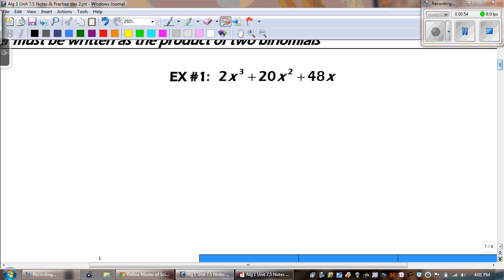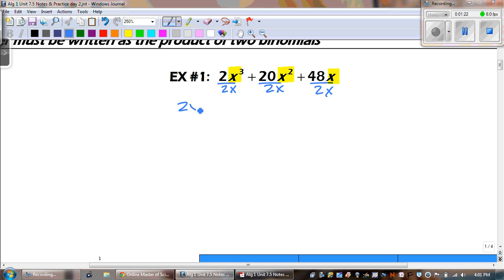So step one always asks, is there a GCF? Is there something that I can take out of all three terms before we get started? And the answer is yes. First, all of those numbers can be divided by 2, and all of the terms have an x, and I can take out the smallest x.